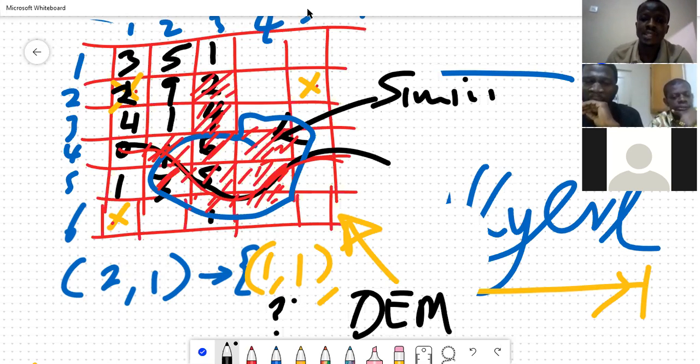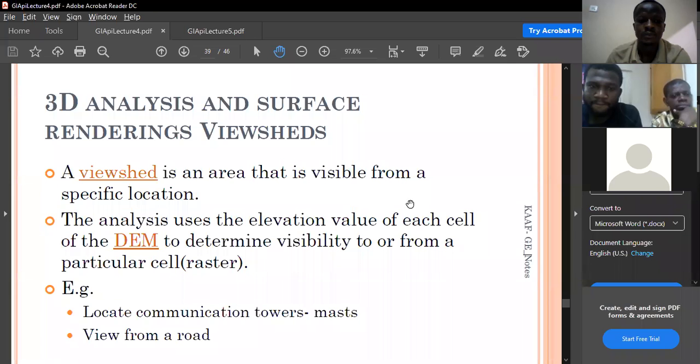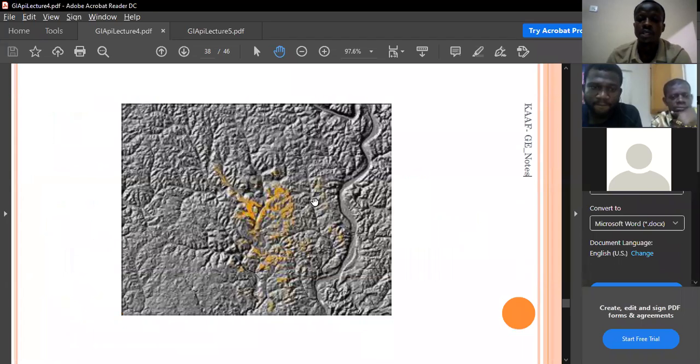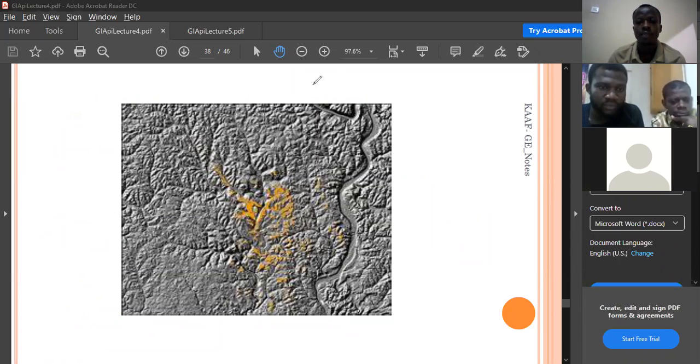So before you joined in, I was showing Cyril this PDF. This one shows you the yellow areas are areas that are visible from a particular point. Let me get a better marker.